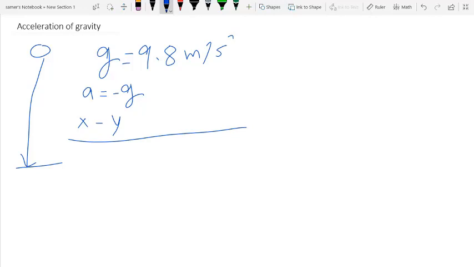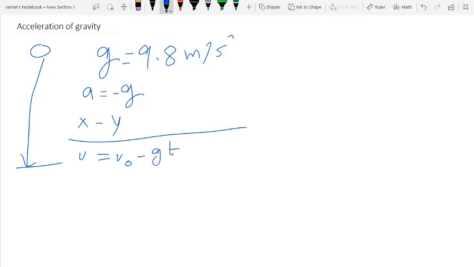So the equations of motion will be, the first equation, for example, v equals v0 minus g t.